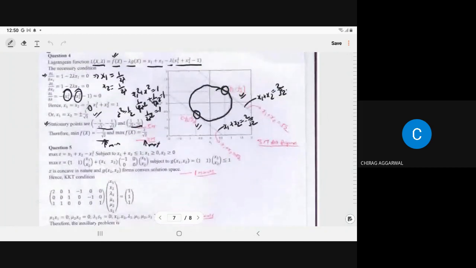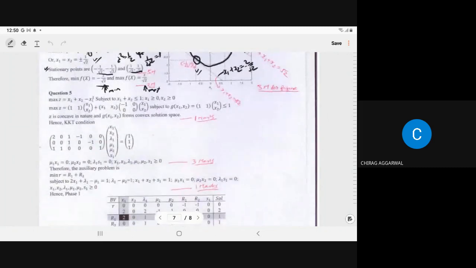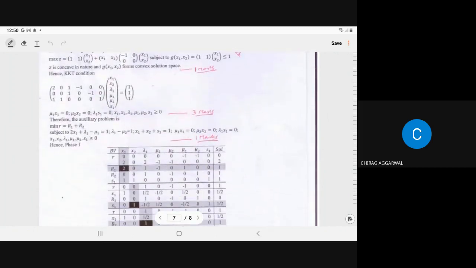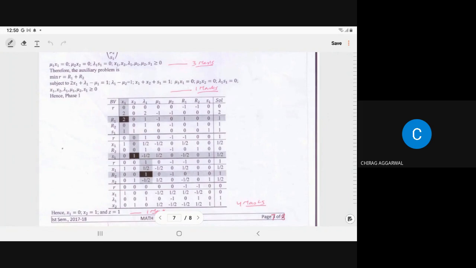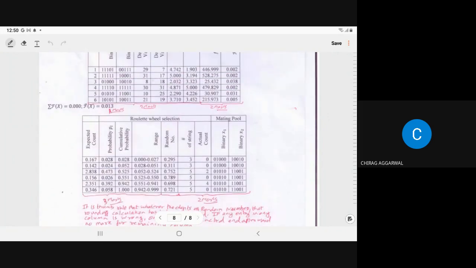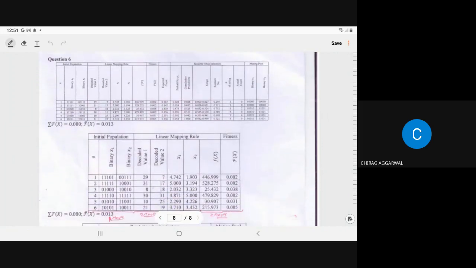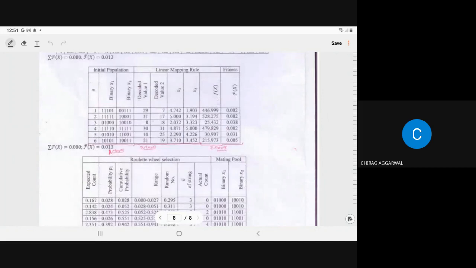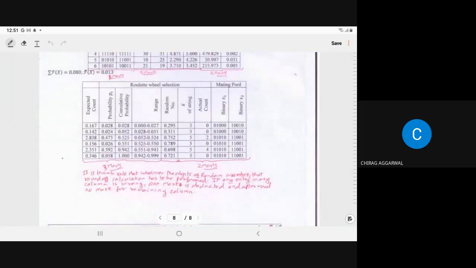So this is for the fourth and fifth. This is a very good question, a quadratic programming problem. You can go through this, and we have covered this in the class also. So that is the last question.